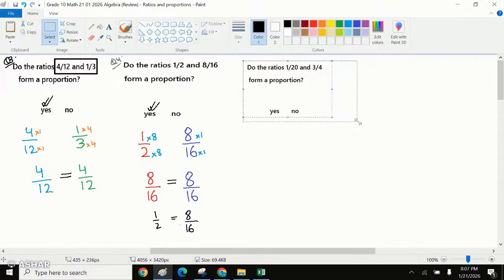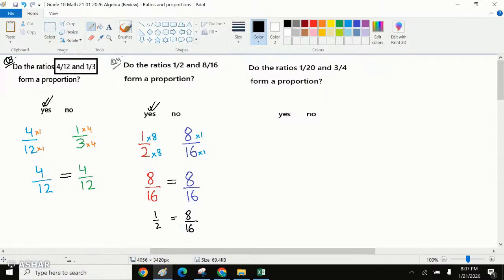Okay, if it's aligned, question number 5, do the ratios 1 upon 20 and 3 upon 4 form a proportion? So this is 1 upon 20 and the other one was 3 upon 4. Can we make the denominator the same? Yes, we can, because 20 can be perfectly divided by 4.